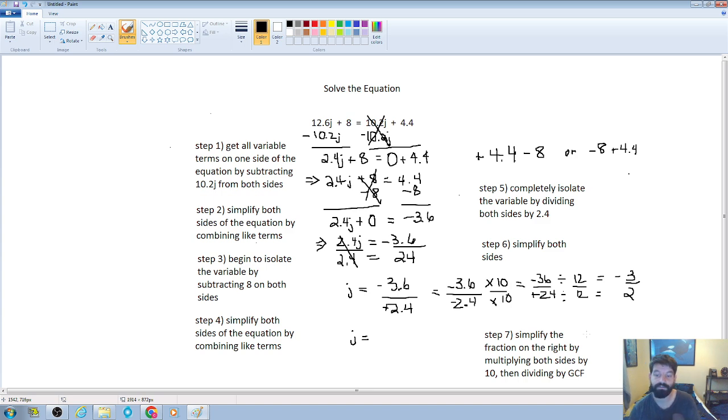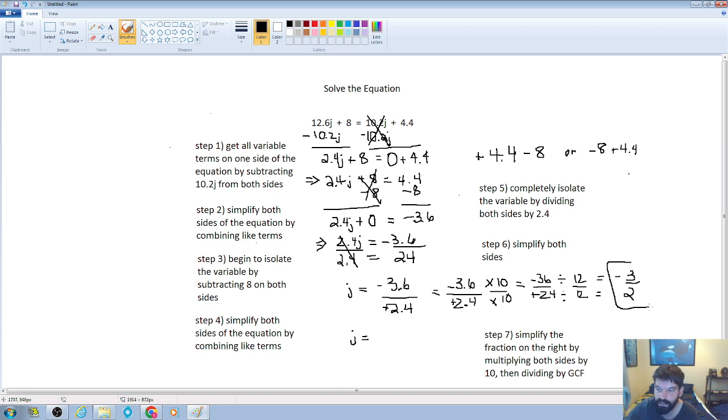If you were to do the long division of negative 3.6 into, sorry, this is positive, into positive 2.4, you would get a result of negative 1.5. So in this case, I took the pathway of just eliminating the decimal component of the remainder of our question, and then made it a simpler fraction to simplify.